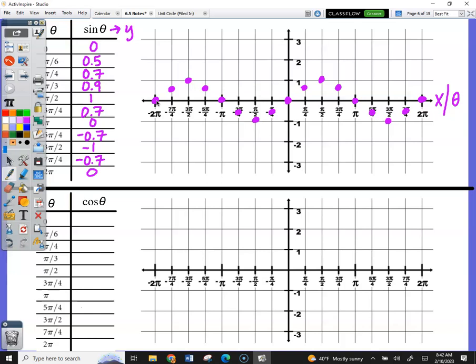Every other one is a 0.7 marker, getting you closer to either 0 or 1 or -1. And then now I'm going to just draw a smooth curve through it with arrows because this does keep going.